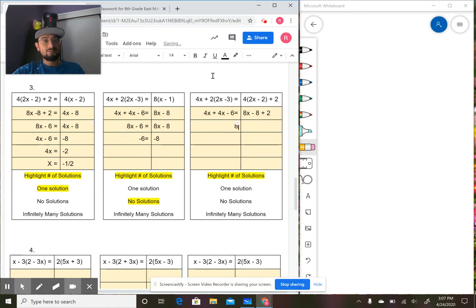Combine the 4x's together to get 8x minus 6. 8x minus 6. Subtract the 8x's on both sides, and you're going to get negative 6 equals negative 6, which is a true statement. So therefore it is infinitely many solutions. That means that they're the same line that cross an infinite amount of times.